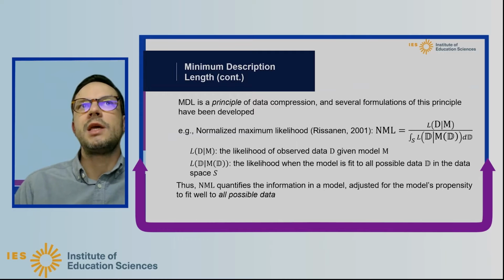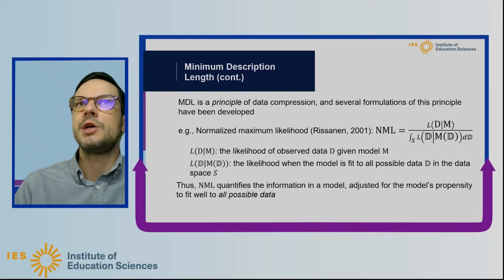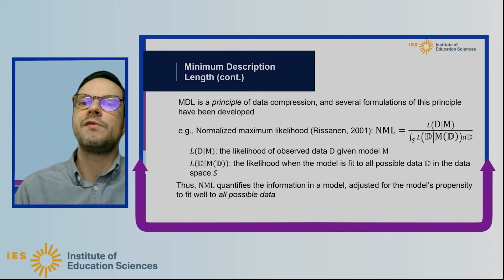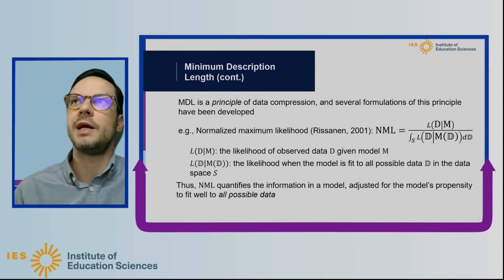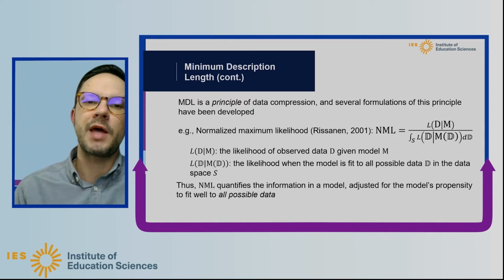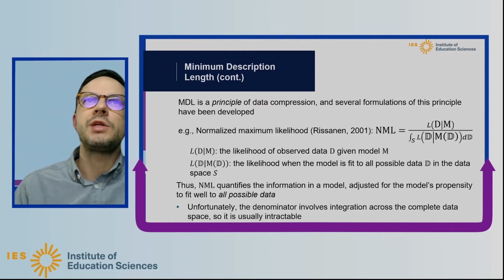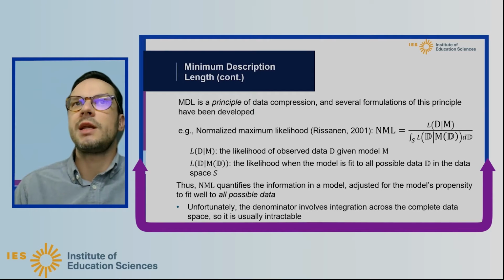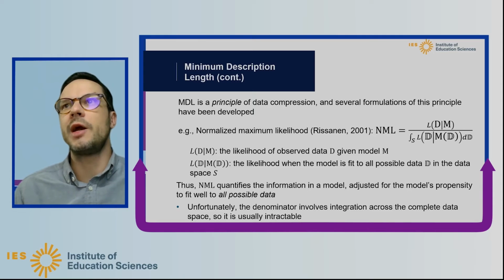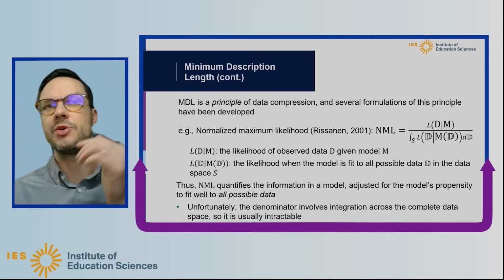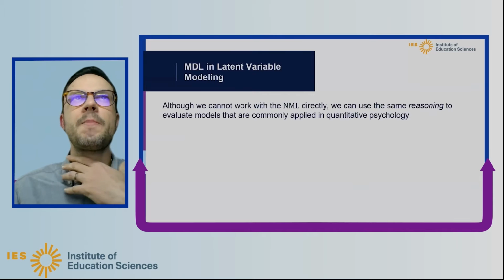In other words, the normalized maximum likelihood quantifies the information in a model adjusted for that model's propensity to fit well to all possible data, or to any possible data that you could fit with that model. Unfortunately, the denominator you see there has an integration sign. So we have to integrate across the complete data space, which is usually not tractable.